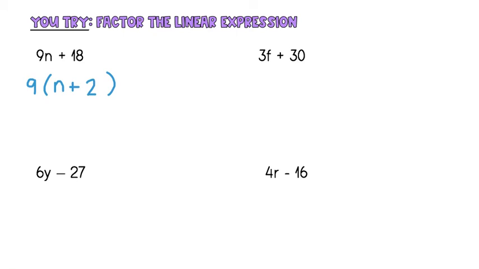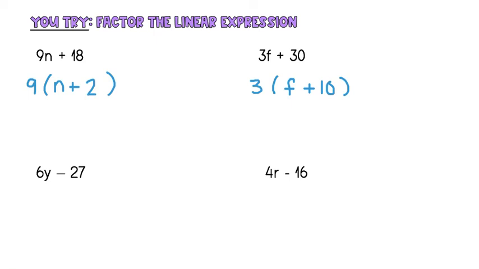3f + 30. Both of these terms can be divided by 3, so 3 goes outside of my parentheses. 3f divided by 3 leaves me with 1f. And 30 divided by 3, I'm left with 10. 6y - 27.